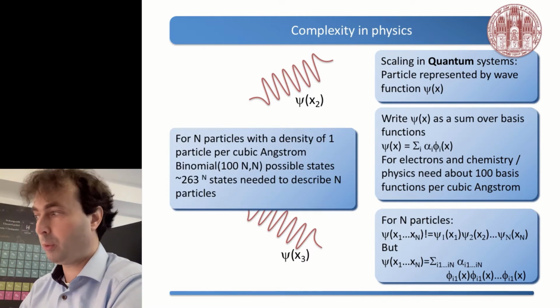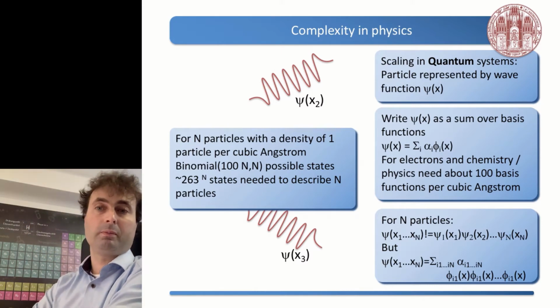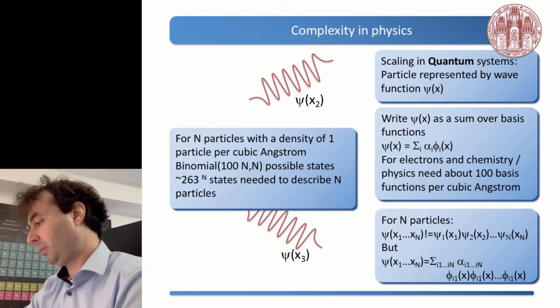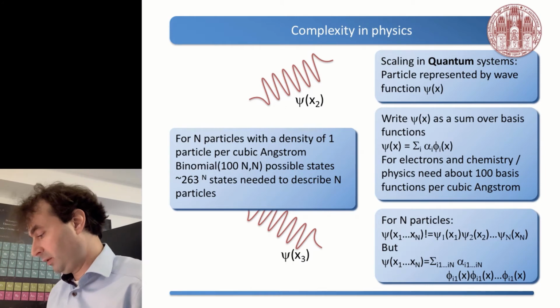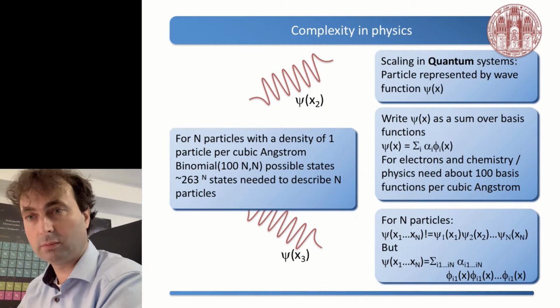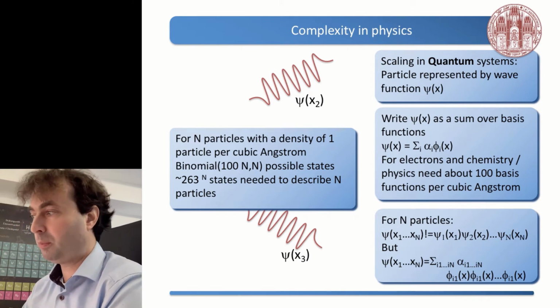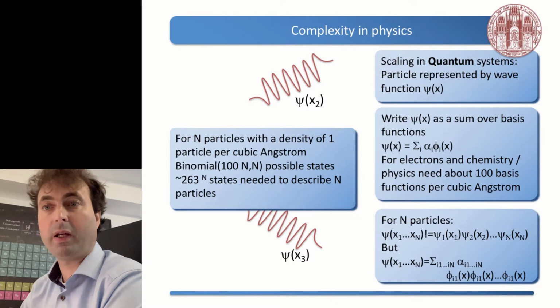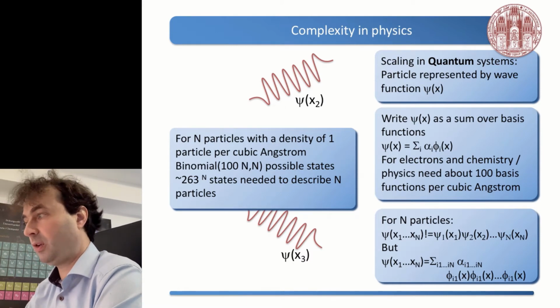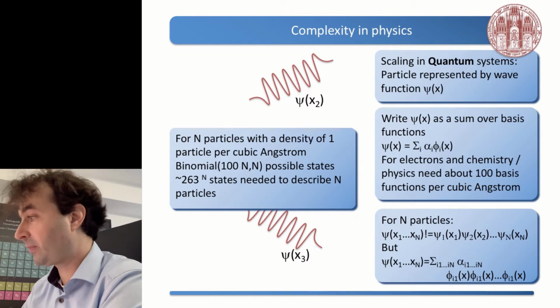This is combinatorial scaling. I have one particle per cubic angstrom, with 100 basis functions. Combined, each particle can pick any of those basis functions, so in total I have 100^n basis functions filled with n particles.